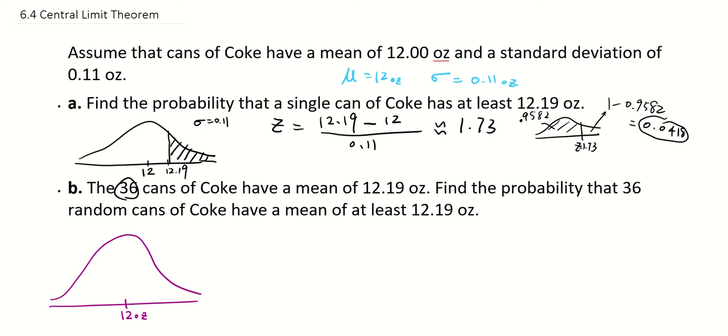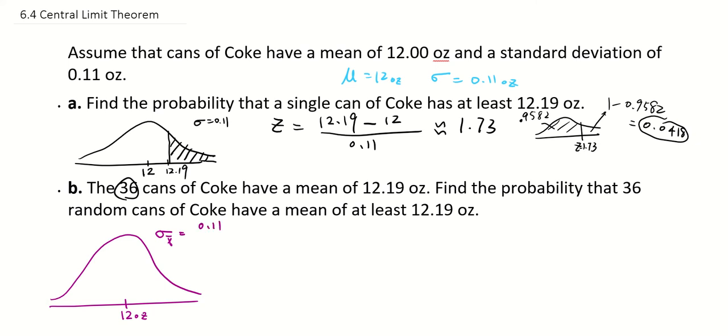For this sampling distribution, the mean is still 12 ounces. It's still the same as your population mean, because the sample means target the population mean. Remember from 6.3? However, the standard deviation of this new distribution has changed. It's not 0.11 anymore.